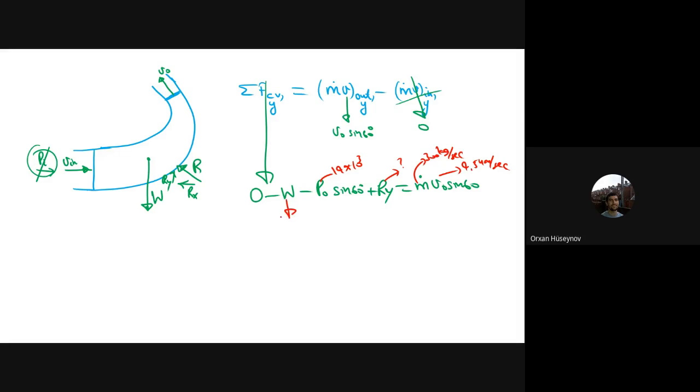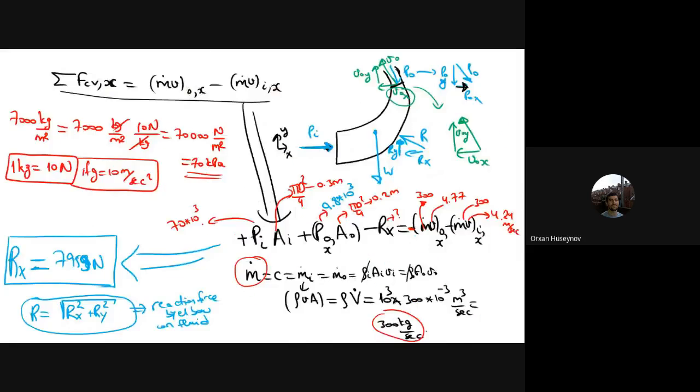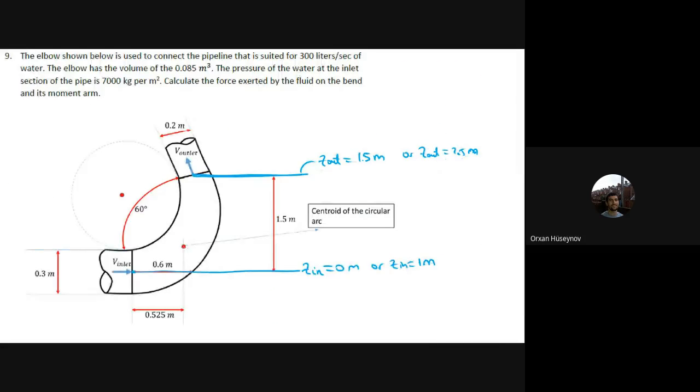And the weight of the elbow. If you go back to our problem here, this is the elbow section that we are considering. You can see it. This is the section that we are considering here. And the question says that it has a volume of 0.085 meters cube.